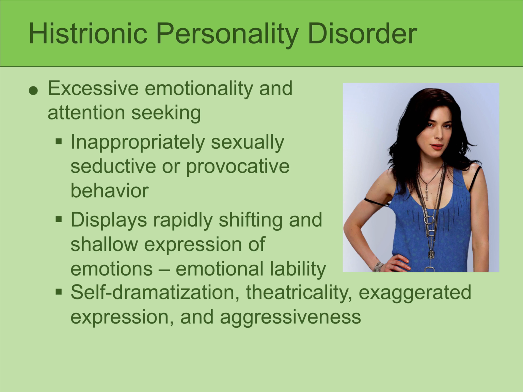Whereas individuals with histrionic personality disorder tend to have a really good idea of who they are as an individual, but they then use self-dramatization or big theatrics or exaggerated expressions or even aggressiveness to get their needs met. Other ways that this can look is things like inappropriate sexually seductive behavior or provocative behavior.